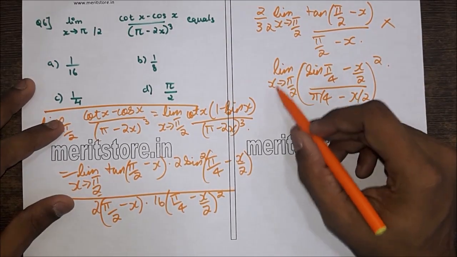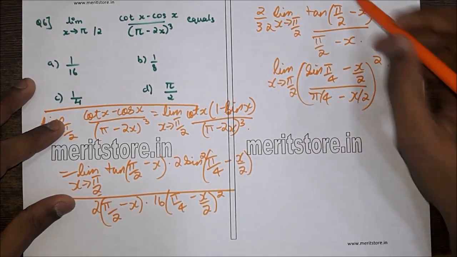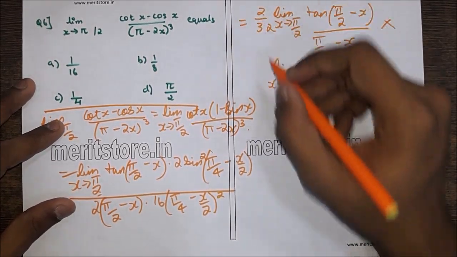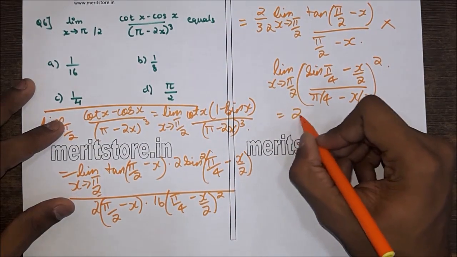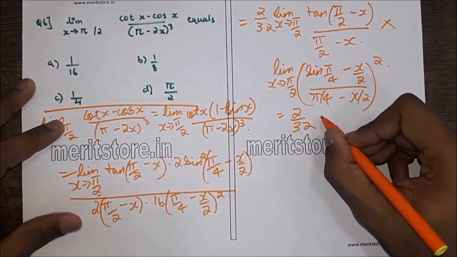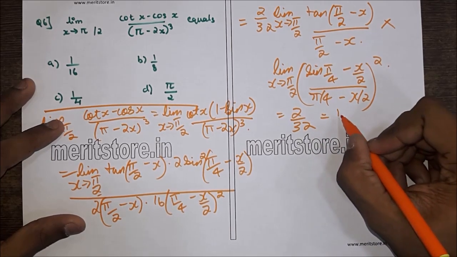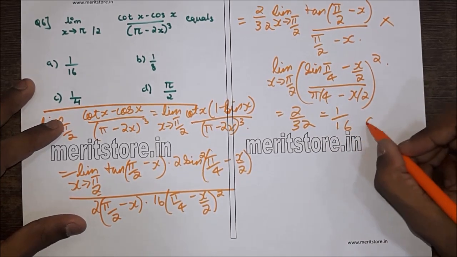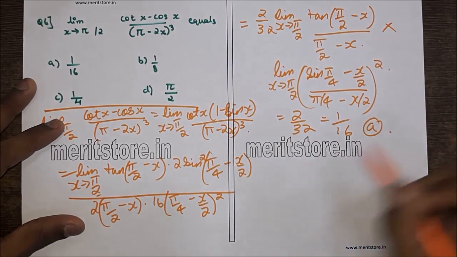Now applying the limits of x tends to pi by 2 to both these terms individually, we would get 2 by 32 since they both are equal to 1. The 2 by 32 is nothing but 1 by 16, which is option A.